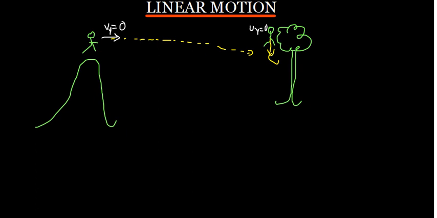So by the time this one reaches this position, the bullet would have also reached that position. And so the bullet is going to hit the head of the monkey if the hunter aimed at the head of the monkey.